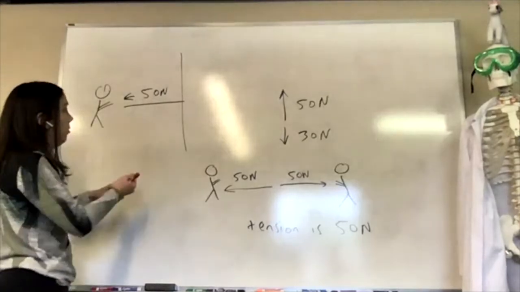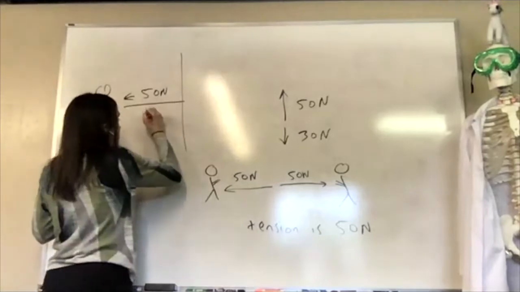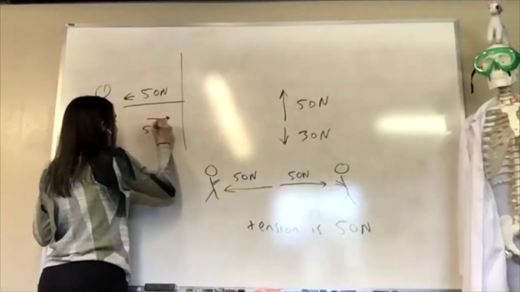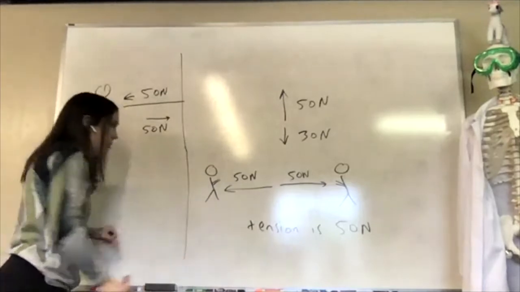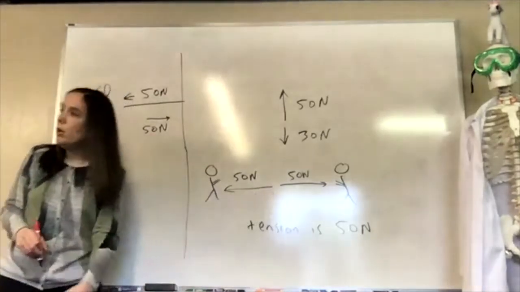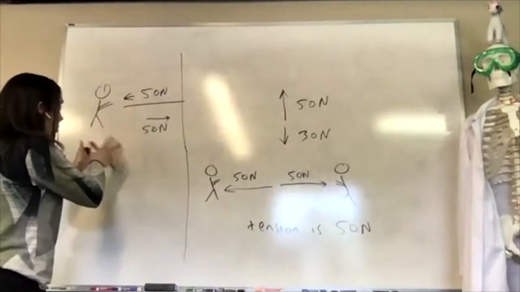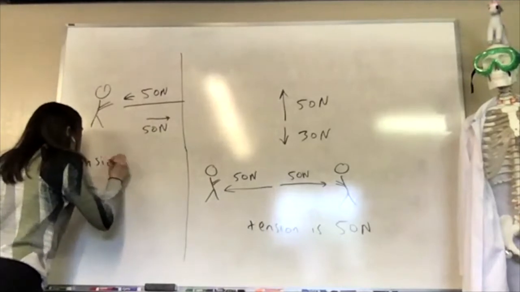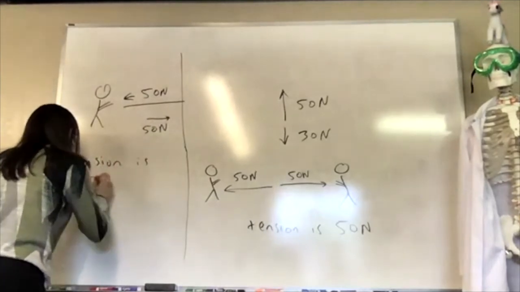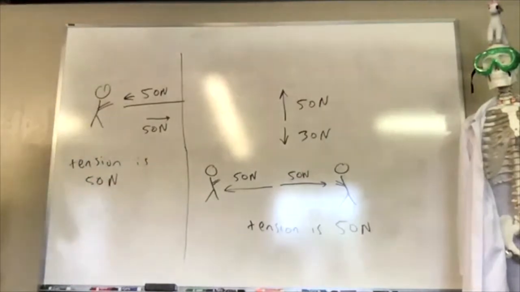So in this case, if you pull with a force to the left of 50 newtons, the rope must pull back with the same force against the wall. So in both situations, whether you have two people pulling on the rope or a wall holding the rope still, it's always 50 newtons of tension. So whatever force you pull forward with, the rope will match backward in the other direction.